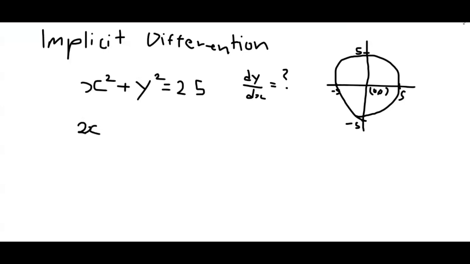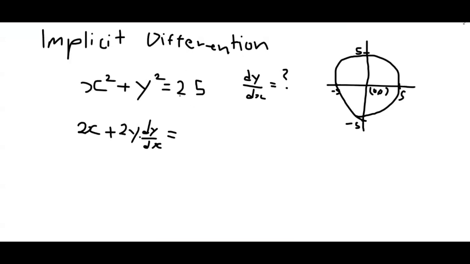Now, y squared. Don't forget to leave the dy/dx here because we're using implicit differentiation. The y is technically a function with respect to x here. So you need that dy/dx after taking the derivative of y squared first. So 2y and then multiply by dy/dx.